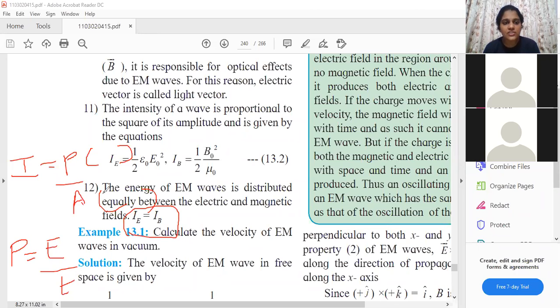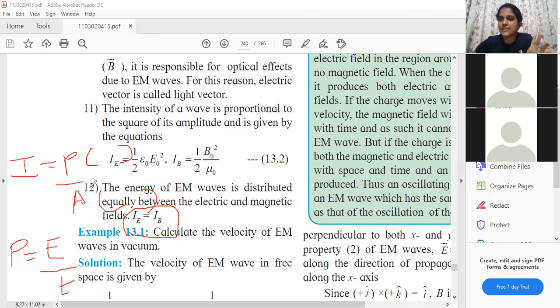Write it down near this 12th point only, then you will understand. So I is P upon A, and P is E by T. So I can say your intensity is basically related to energy, yes or no? These formulas are just to support the last statement, that the energy of EM waves is equally distributed.